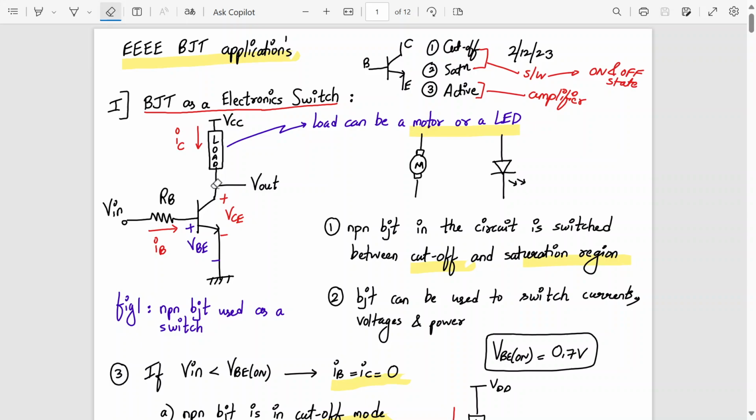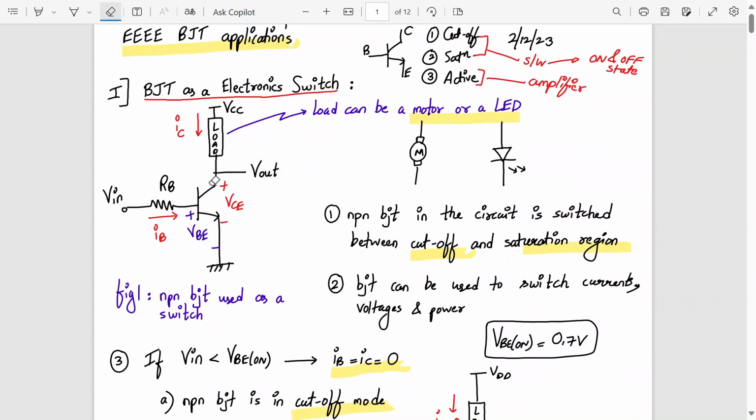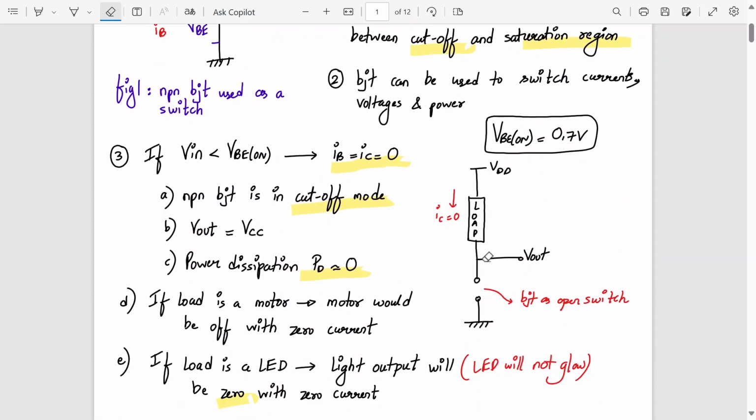Okay, and whenever input V in is less than VBE, your transistor is not on, and base current and collector current are almost zero. So this transistor is off. It will behave as an open circuit, and output will be pulled up towards VCC level. Okay, so ये off हो गया. ये देखो explain किया यहाँ पे. This is off. So BJT will act as an open switch, and the current across this load will be zero.